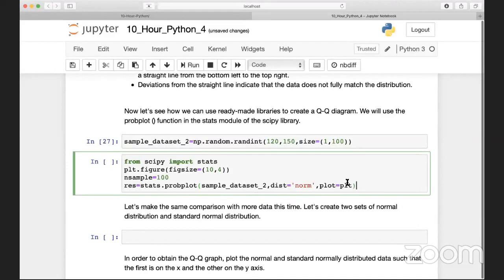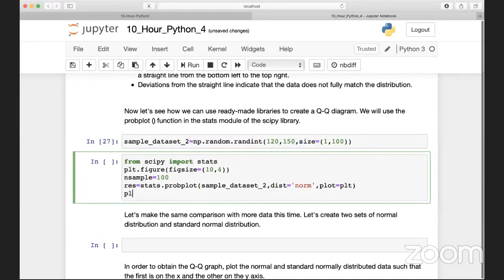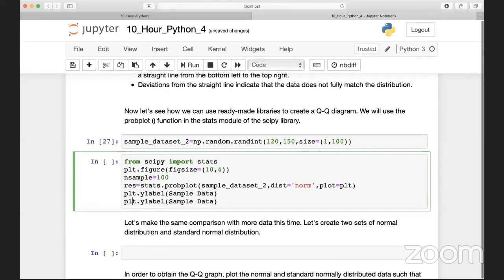Okay, I have this one. Let me label the plot. Y label is sample data. X label is normal distribution.